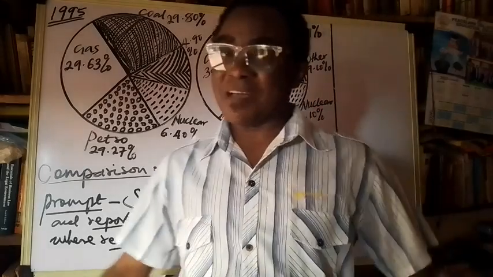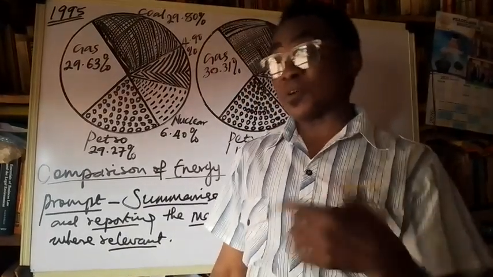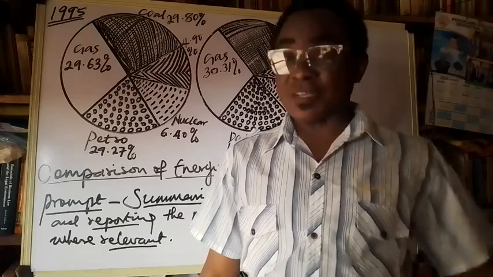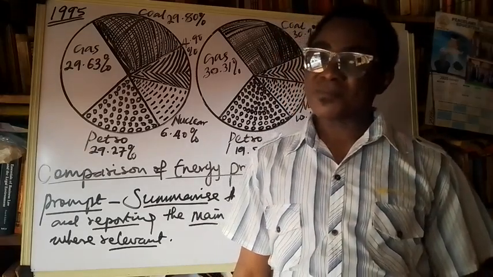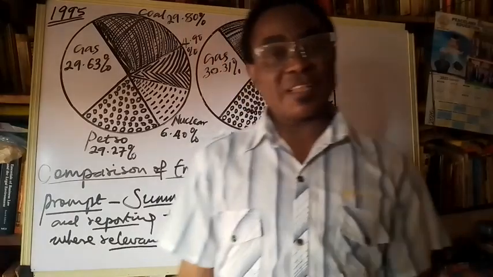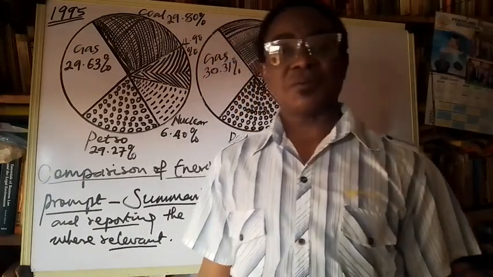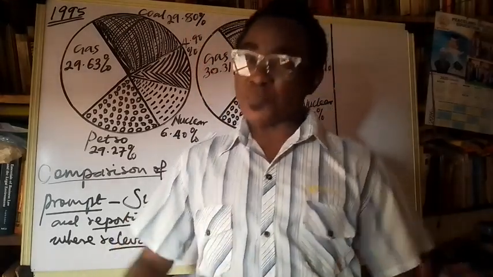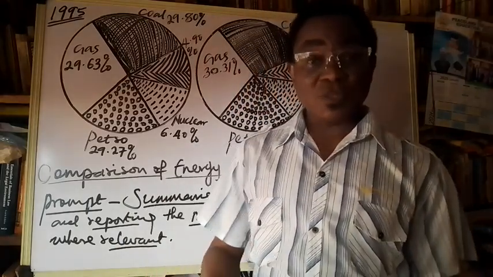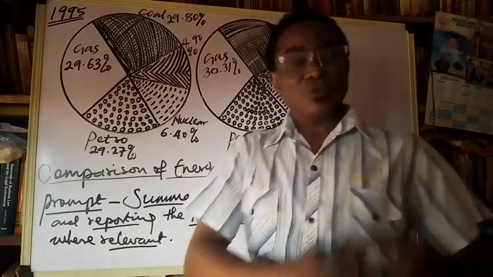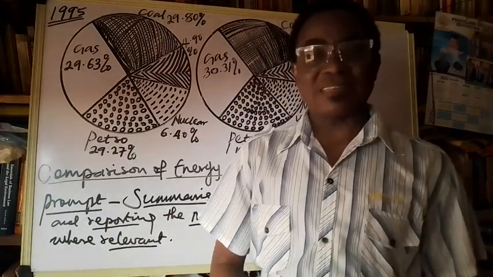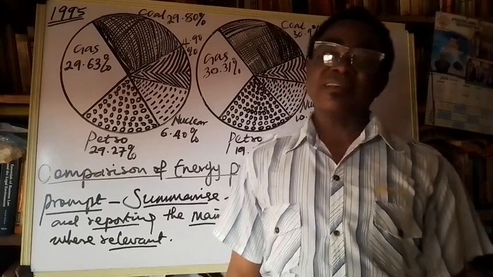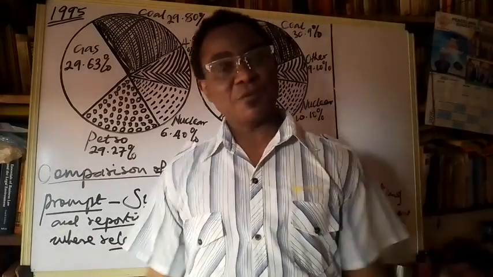You've made a fair comparison there. You've pointed out that in both years, gas and coal were the leading energy sources in France, and that other sources of energy and nuclear energy, while their production rate was a lot below those of gas and coal, nevertheless experienced some increase within that period of 10 years, an increase of roughly 5%.